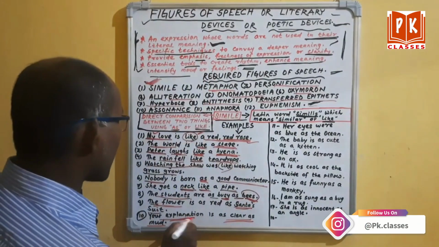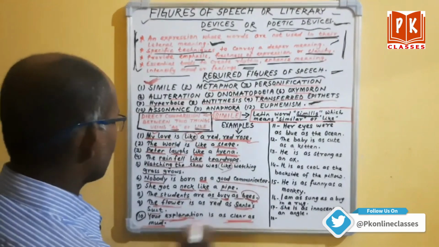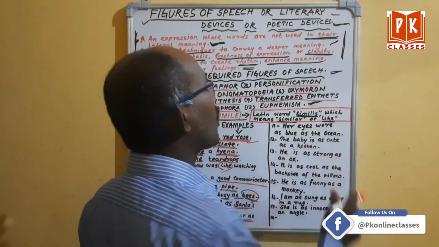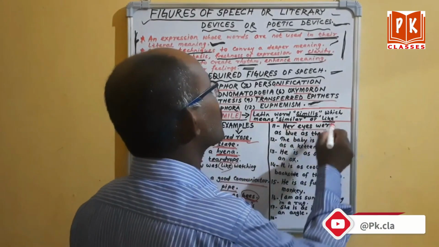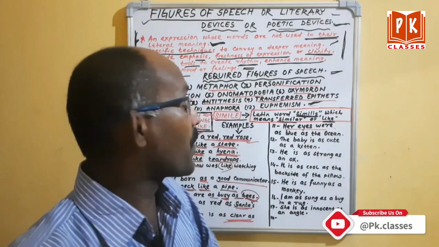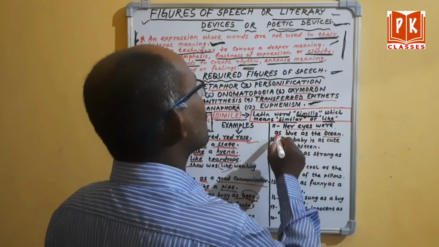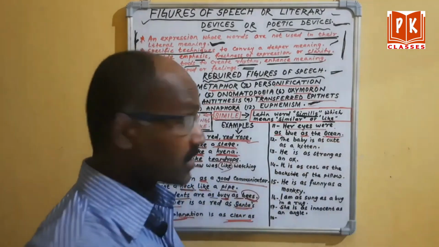That means the explanation is compared with mud. Clear? It is also a simile. Okay. Then, "Her eyes were as blue as the ocean." Ocean color is blue, and her eyes are also blue. So her eyes are compared with the ocean. "As blue as the ocean" is also a simile.